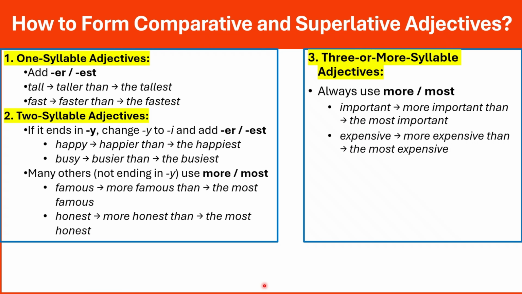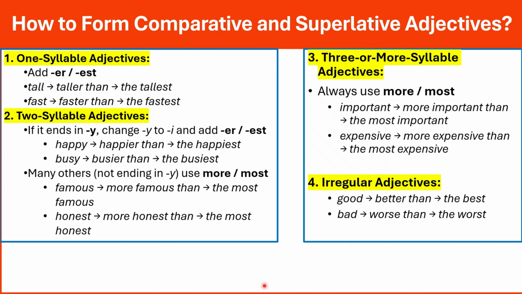And finally, there are a few very common irregular adjectives that don't follow any rules. You simply have to memorize them. Good becomes better and best, and bad becomes worse and worst. The main thing to remember is the pattern.